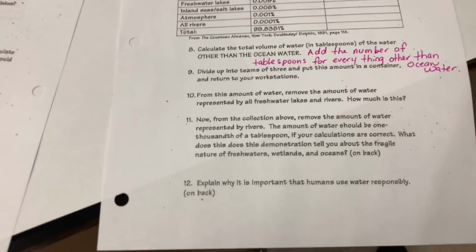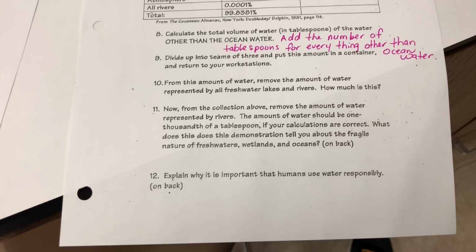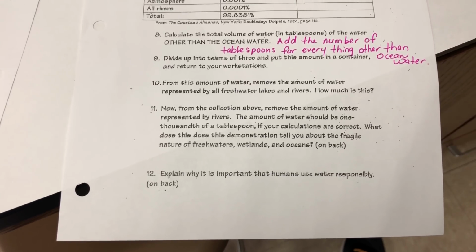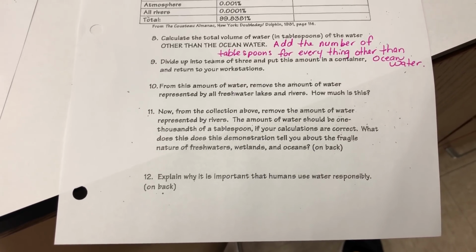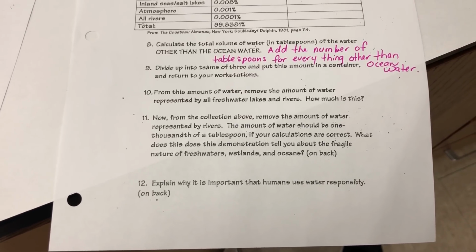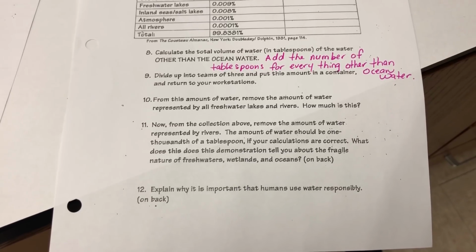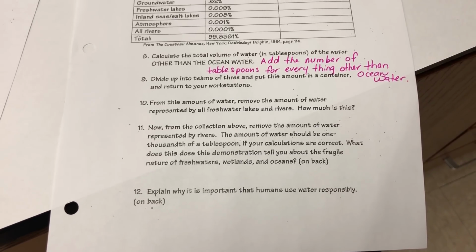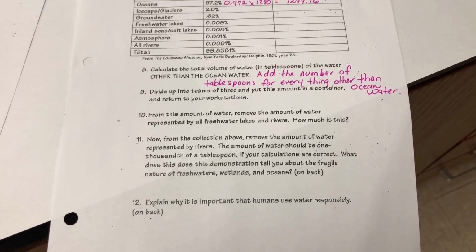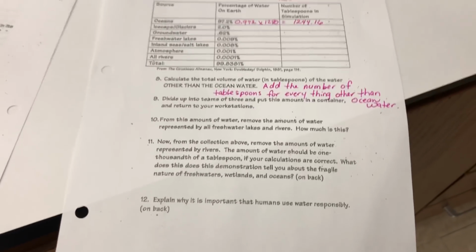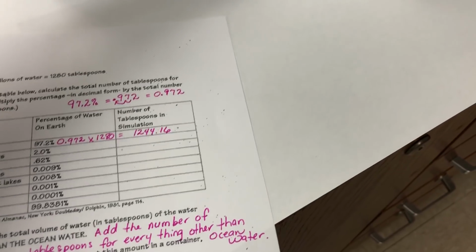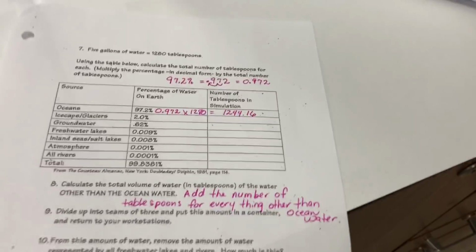Let's go to number 11. Number 11 says, now, from the collection above, remove the amount of water represented by rivers. The amount of water should be 1/1000th of a tablespoon, if your calculations are correct. What does this demonstration tell you about the fragile nature of fresh waters, wetlands, and oceans? Now, 1/1000th of a tablespoon, that's going to be very difficult to do.